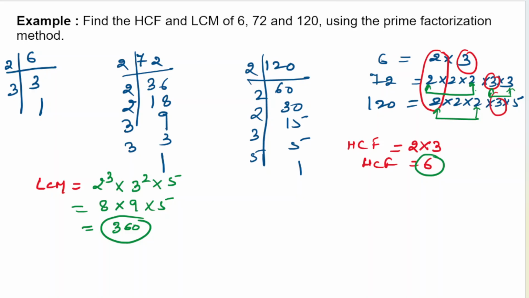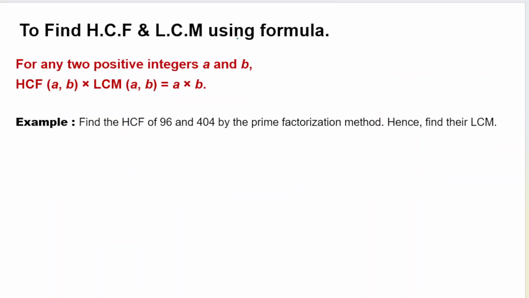The second method is by using the formula. In the formula, we have a relation between HCF and LCM with the numbers. That is, the product of the HCF and LCM of two numbers is equal to the product of the two numbers. Here we have 4 variables: HCF, LCM, A and B. If 3 variables are given to us, we can easily find the fourth.